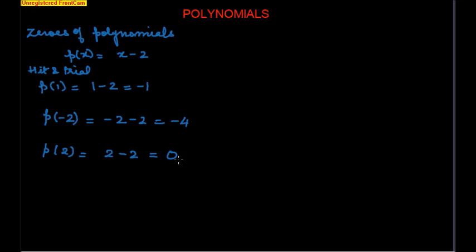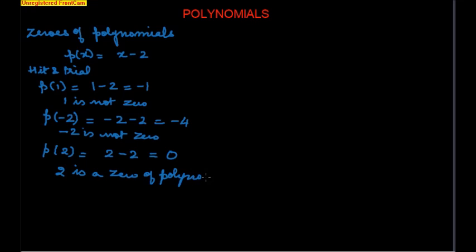Wherever the answer is 0, we say that this number is the zero of the polynomial. Here 1 is not the zero of the polynomial. Minus 2 is also not a zero. But 2 is a zero of the polynomial. So we say the solution of a polynomial is that number which, when put in place of x, gives us the value 0.